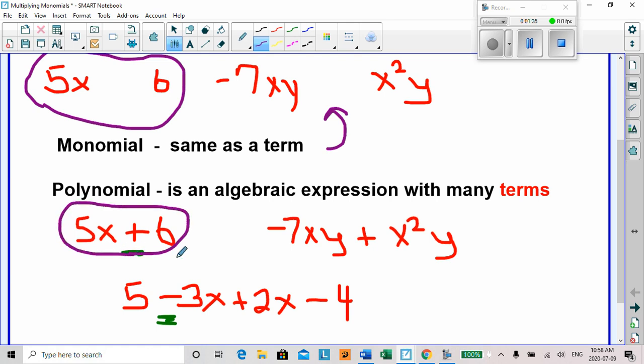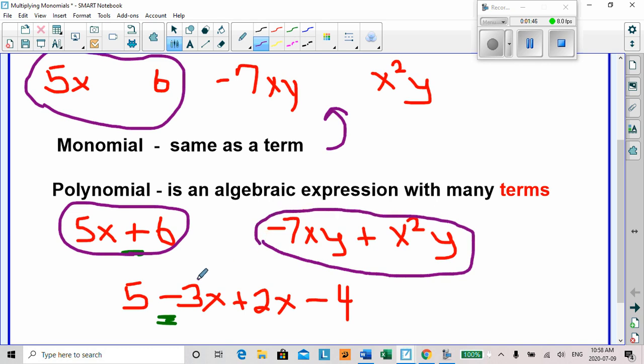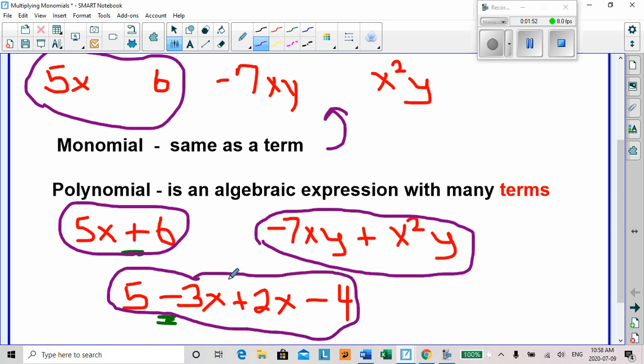Or I could put the negative 7xy with the x squared y. That makes a polynomial. I can put a whole bunch of terms together with adding and subtracting, and that makes a polynomial. So I just wanted to make sure that you understand what I'm talking about.